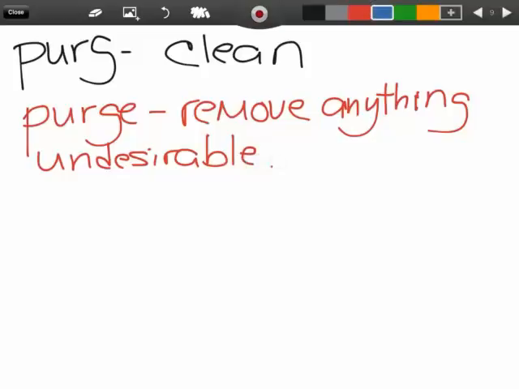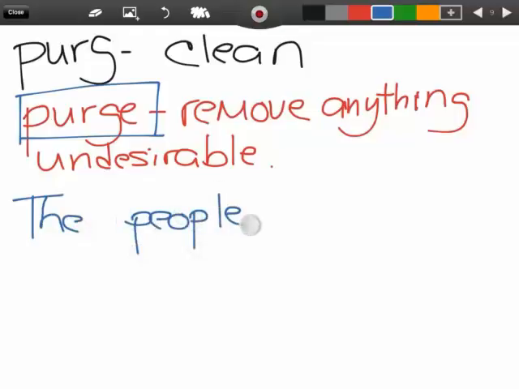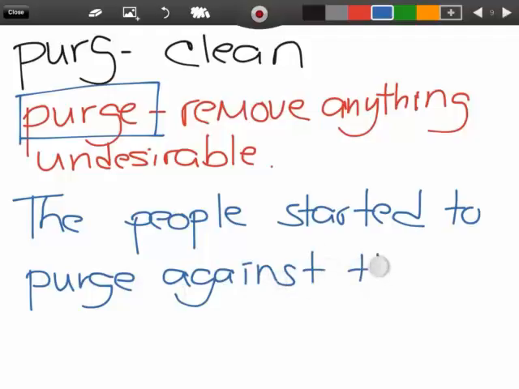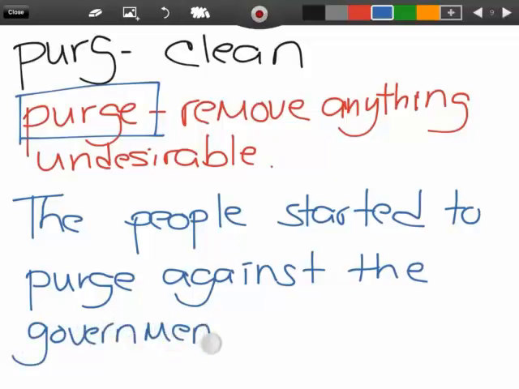I'm going to use purge in a sentence. I'm going to read that to you. The people started to purge against the government.